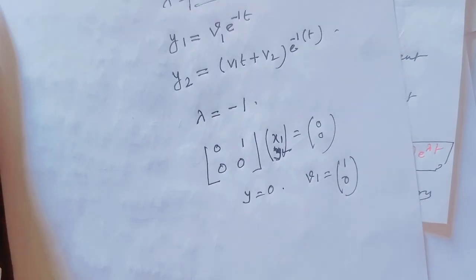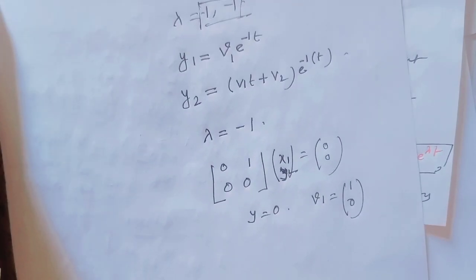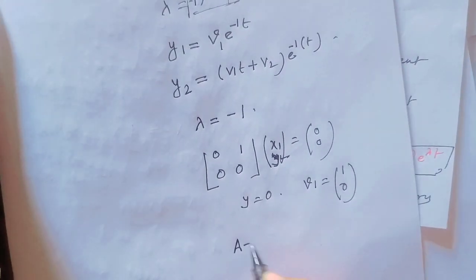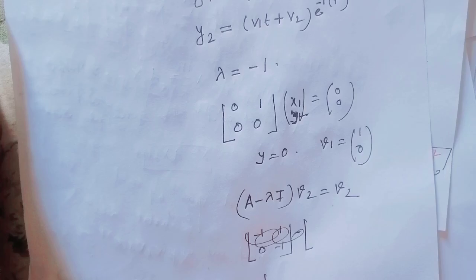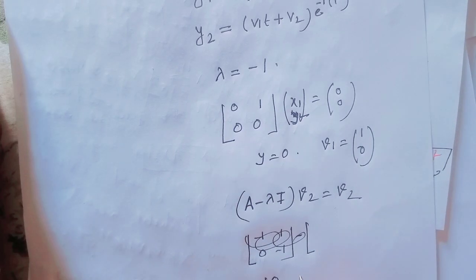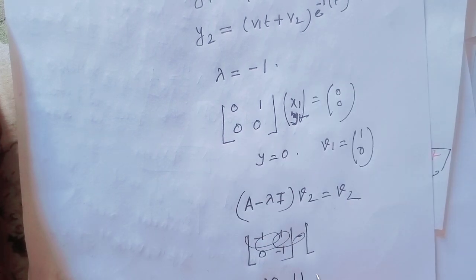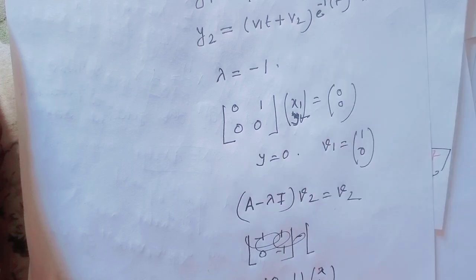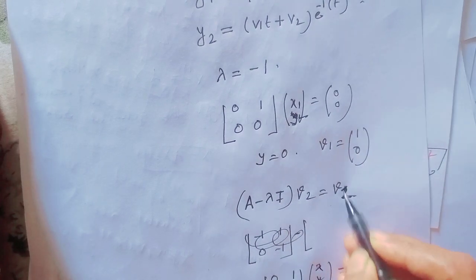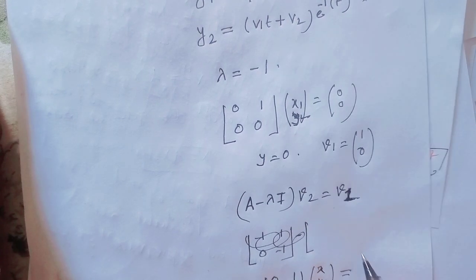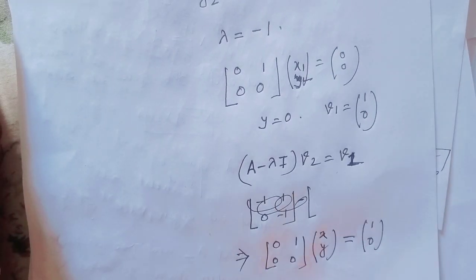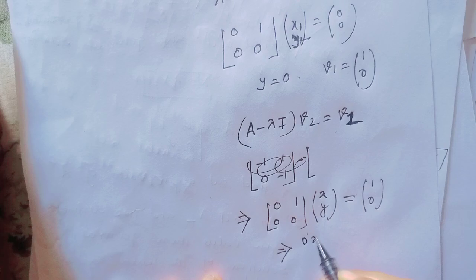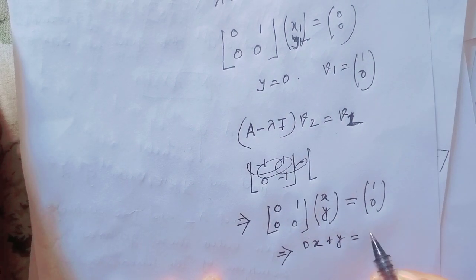And the generalized eigenvector would be (A minus lambda I) v2 equal to v1, so [0 1; 0 0] times v2 [x y] equal to v1, and v1 equal to [1, 0]. That implies 0x plus y equal to 1.